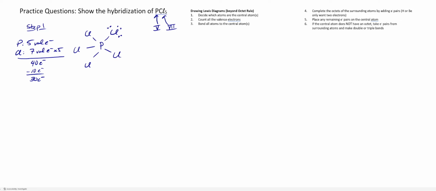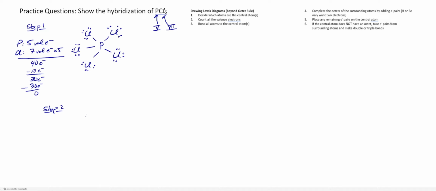So I've placed 2, 4, 6, 8, 10, 12, 14, 16, 18, 20, 22, 24, 26, 28, 30. 30 electrons have now been placed, and I have no more electrons left to place, so I have sufficiently completed my Lewis diagram.